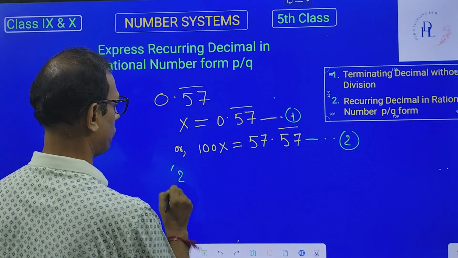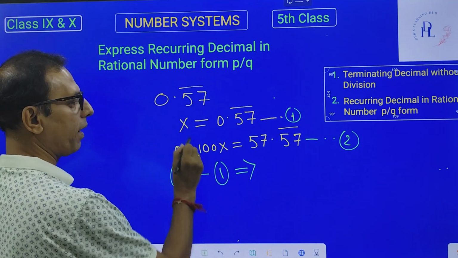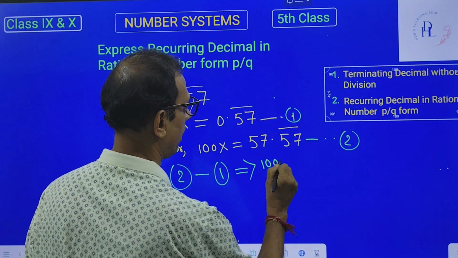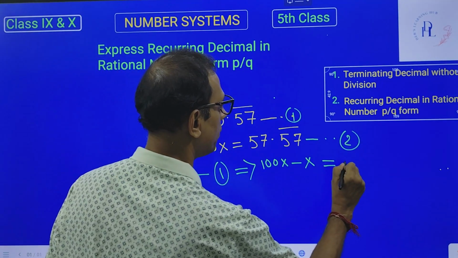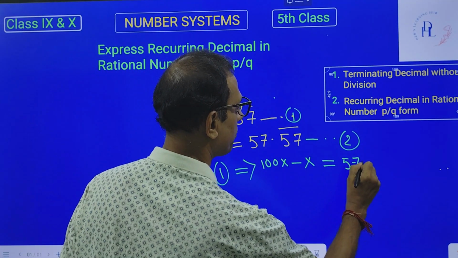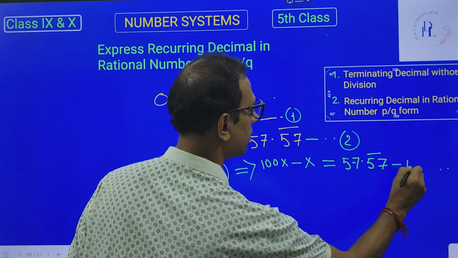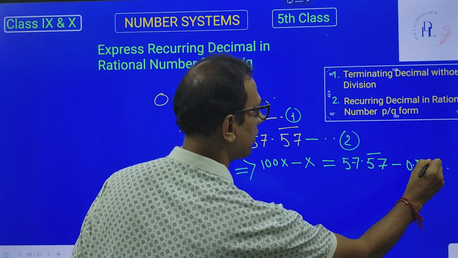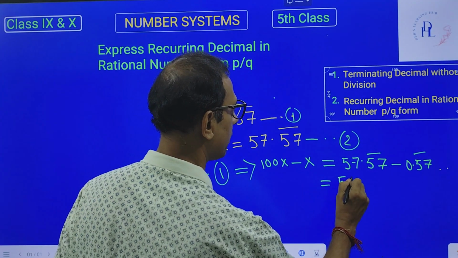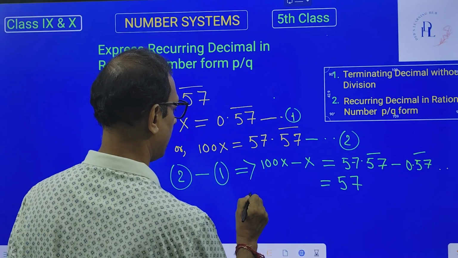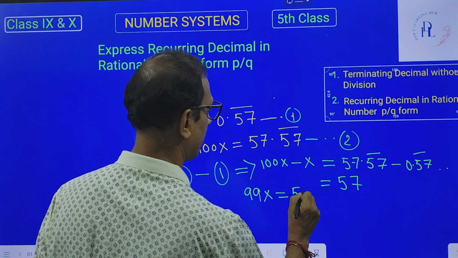Now if you do 2 minus 1, that means 100x minus x, that is equals to 57.57 recurring minus 0.57 recurring, that is equals to 57. That means 99x equals 57.